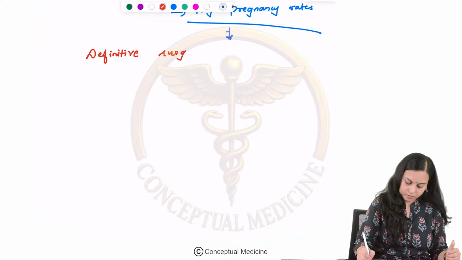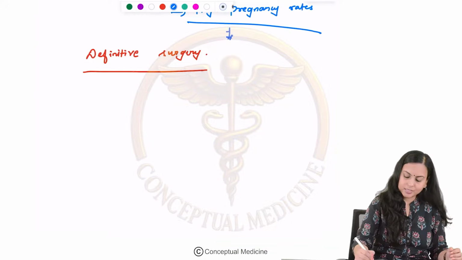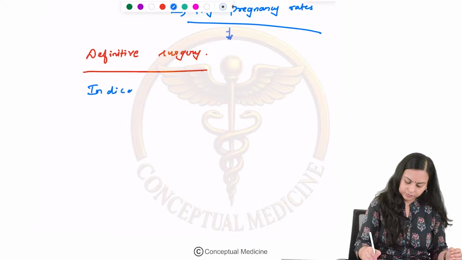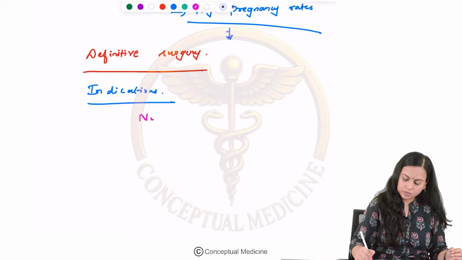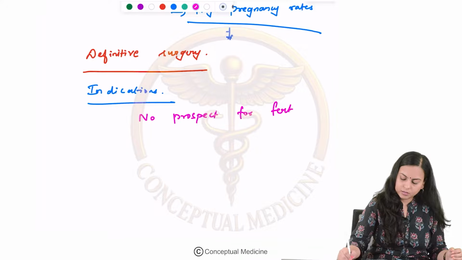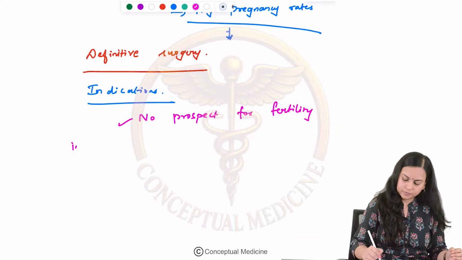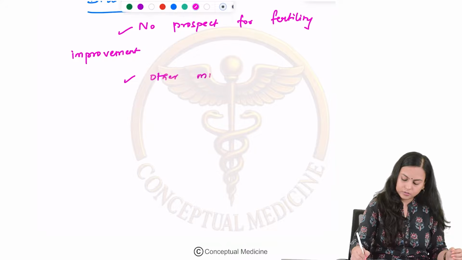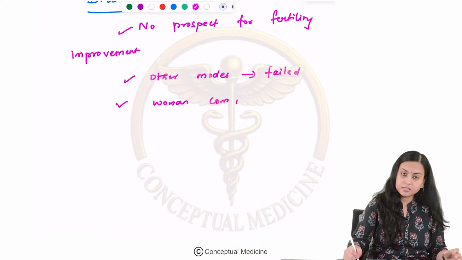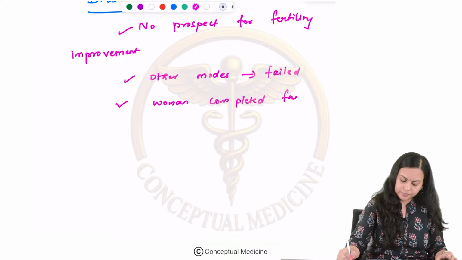Now, for definitive surgery, let's see the indications. When she has no prospect for fertility improvement, when the other modes of treatment have failed and the woman has completed her family.